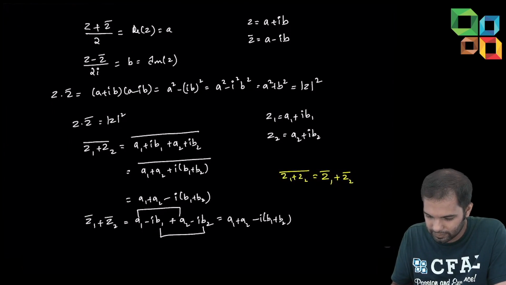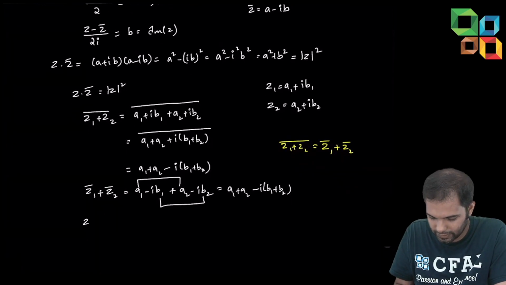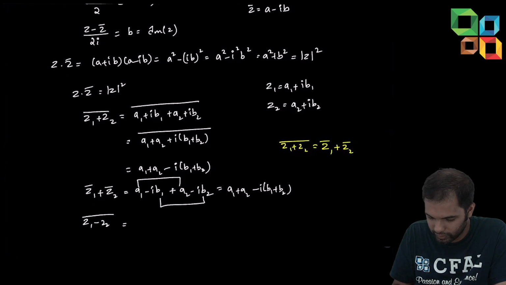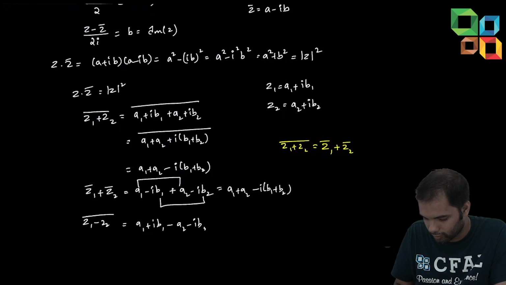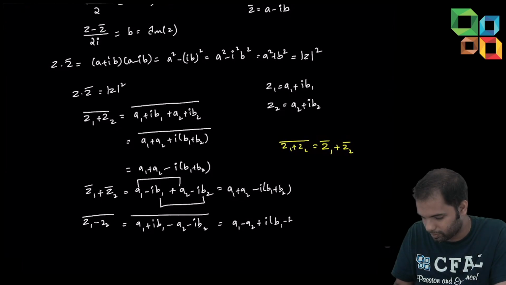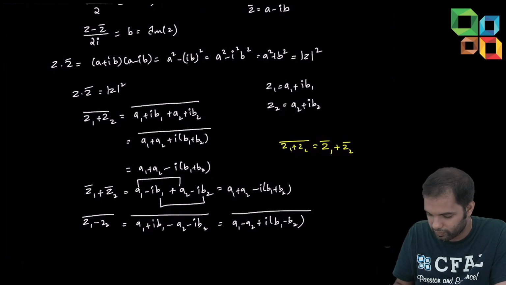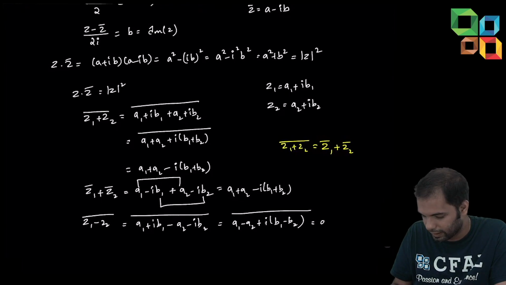Similarly, if you want to check for z1 minus z2, let us do it here itself. So a1 plus ib1 minus a2 plus ib2. The conjugate of this is a1 minus a2 minus i into b1 minus b2.